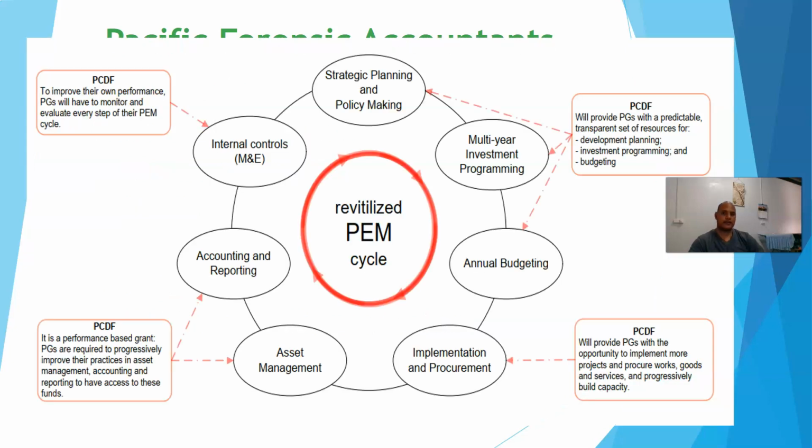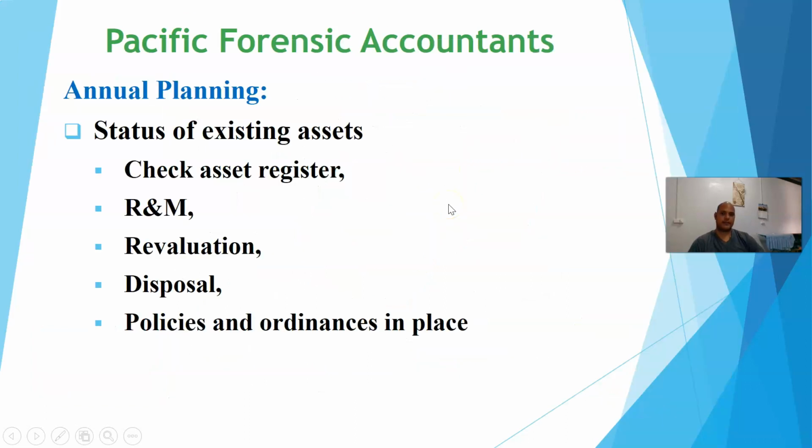Based on this diagram here, annual planning will allow us to have the type of discussion around our asset register in terms of our existing assets, to check whether we really need repair and maintenance for this year, whether some assets need to be revalued if we follow the other model, or whether some assets need to be disposed.